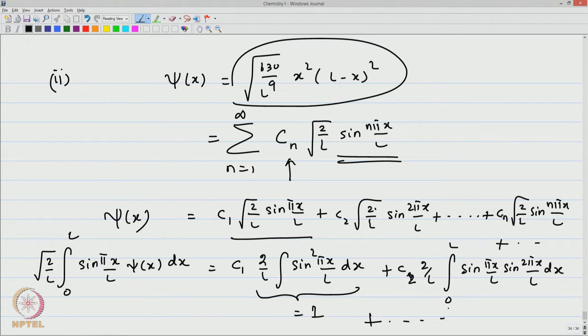Likewise, all the other terms. You multiply every term with sin pi x by L, square root 2 by L, and then you do the integration. The first term gives you C1. What about the other terms? You remember that these wave functions are orthogonal to each other. Therefore, sin pi x by L is orthogonal to sin 2 pi x by L, goes to 0. What about every other term? All of them go to 0.